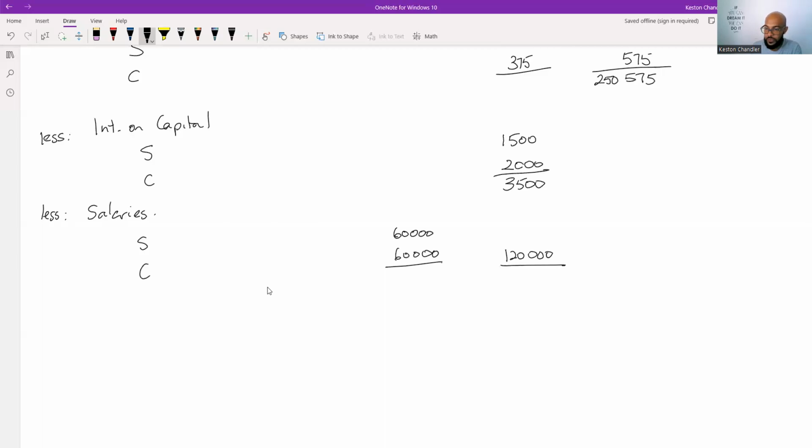Right, and then the total amount we're going to subtract, because we're taking these things away from our net profit, is 123,500. So we remain with 127,075.